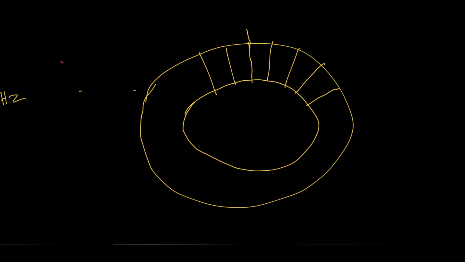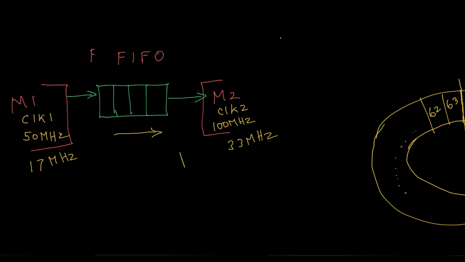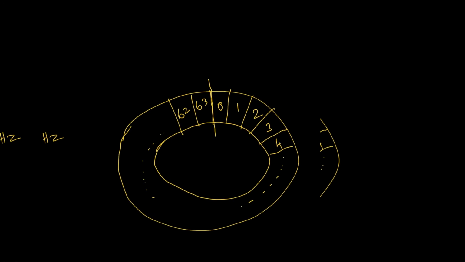This is the beginning of your buffer, with address 0, 1, 2, 3, 4 and so on, until you come to the last few addresses. Let's say you have a 64 byte memory, so the last ones are 62 and 63. This memory strip is folded back and made into a circular buffer.